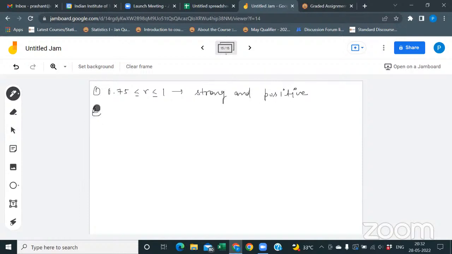And second, if your R lies between 0.5 till 0.75, then your relation will be moderate and positive. If your R lies between 0.25 till 0.5, then it will be weak and positive.